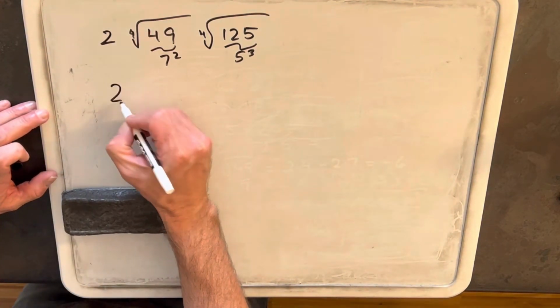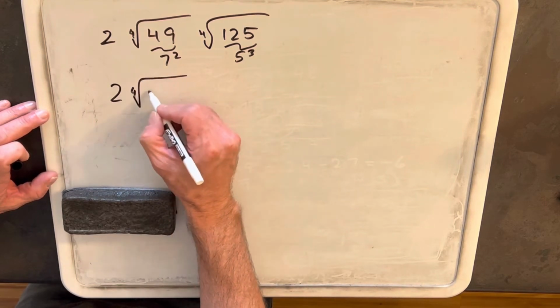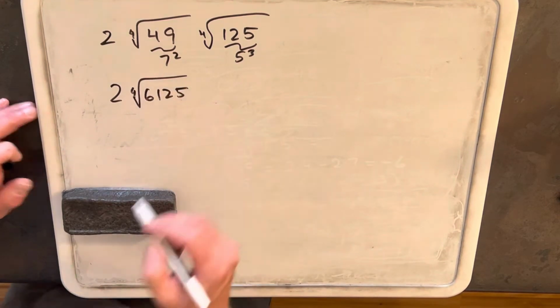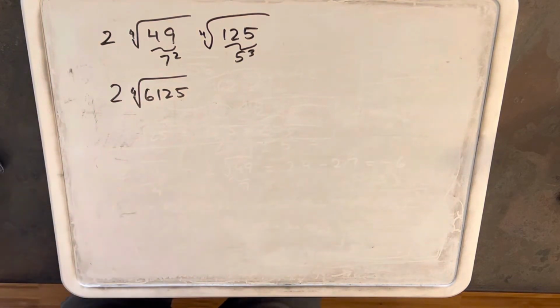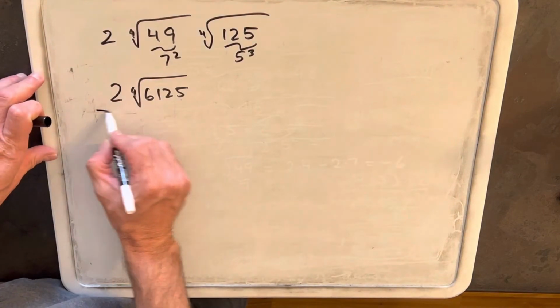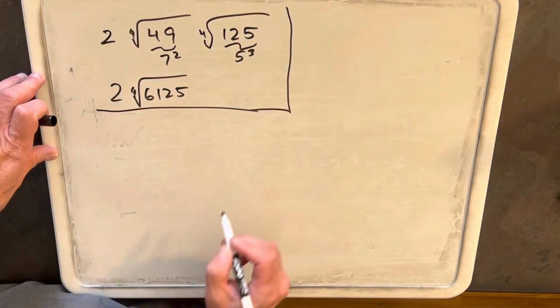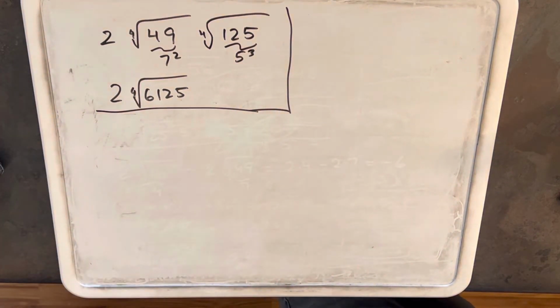So I'll write this as 2 times the 4th root of 6125, which is 49 times 125. That's correct. The funny thing with these problems is some of them are kind of disappointing. Not every problem is going to be a lot of laughs. Some of them are just kind of bland and you just have to deal with it.